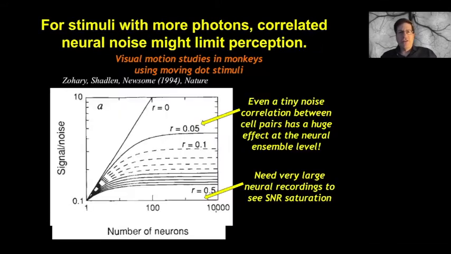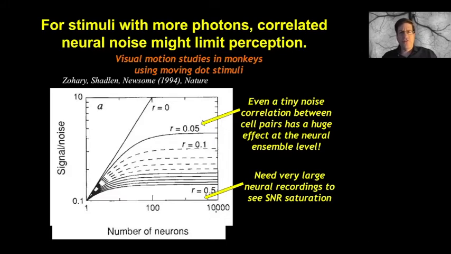To address this paradox, Newsome, Movshon, and colleagues proposed a potential explanation in the form of correlated noise. Correlated fluctuations between pairs and groups of neurons might limit the ability of the brain to pool signals, average signals, across large groups of cells in an attempt to improve its estimation performance.